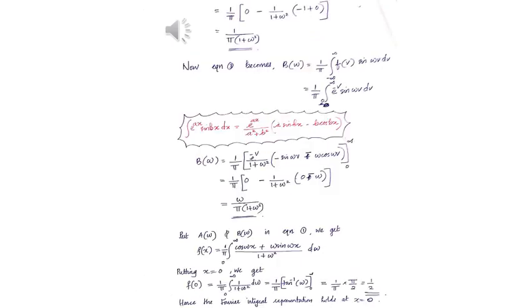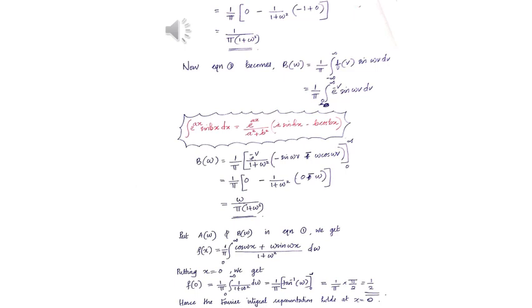Now a of omega, after giving the limits infinity and 0, the step is 1 by pi [0 minus 1 by 1 plus omega square into minus 1 plus 0], because e raised to minus infinity will be 0. The upper limit part will be 0, so we only have the lower limit part.